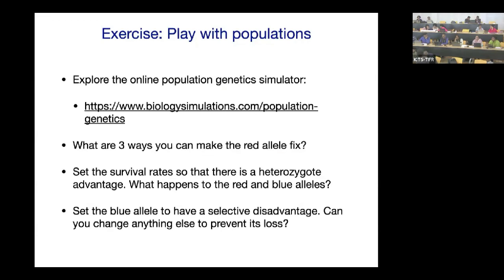No. Cheating is not allowed. What else? Red to blue mutation rate can increase. Anything else? Decrease? Technically not the same, but yes, fair enough, similar.